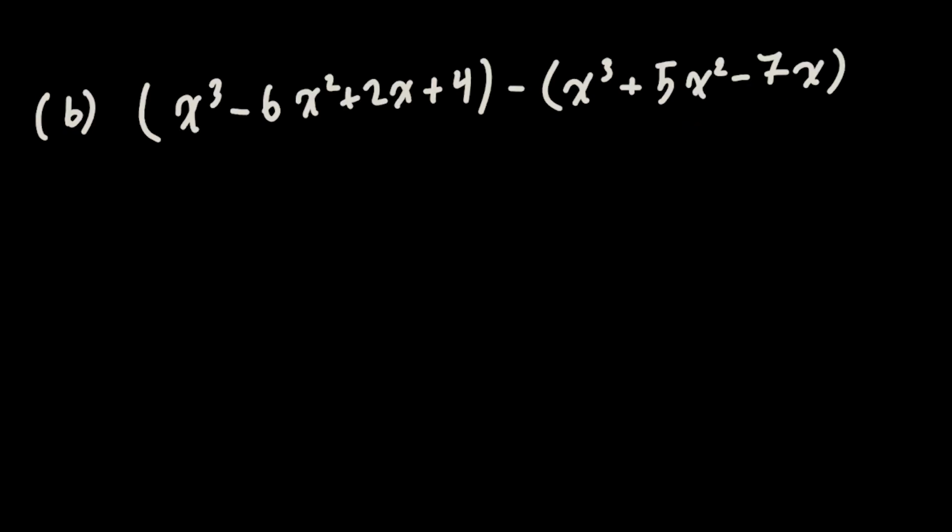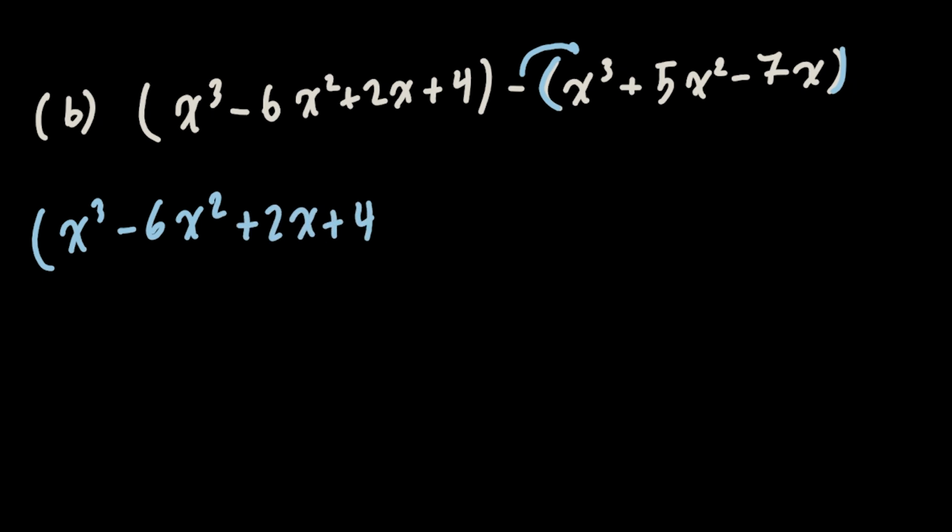Let's see part B. In part B we have the same expression, but we have a minus here. So the first step is to distribute this minus into this expression here. Let me first write the first expression as it is: x to the power 3 minus 6x to the power 2 plus 2x plus 4.